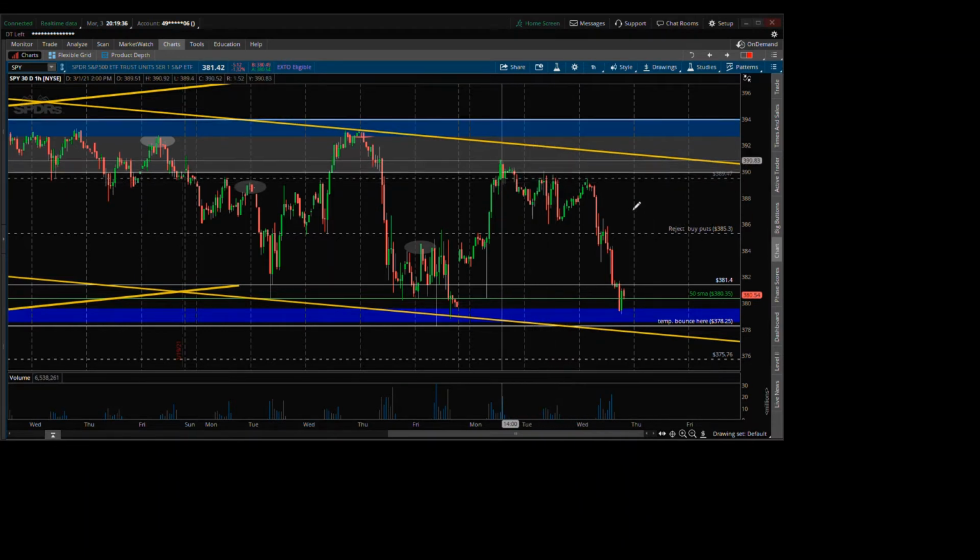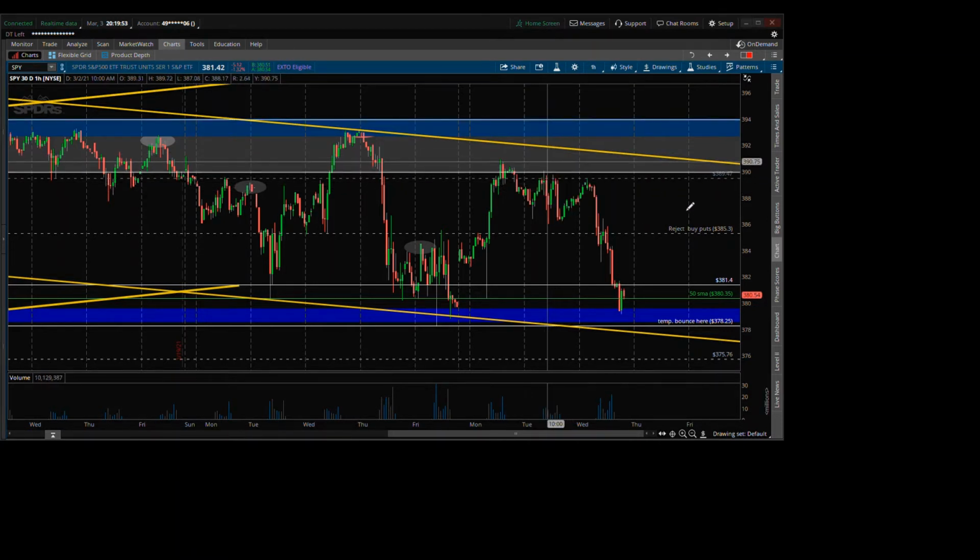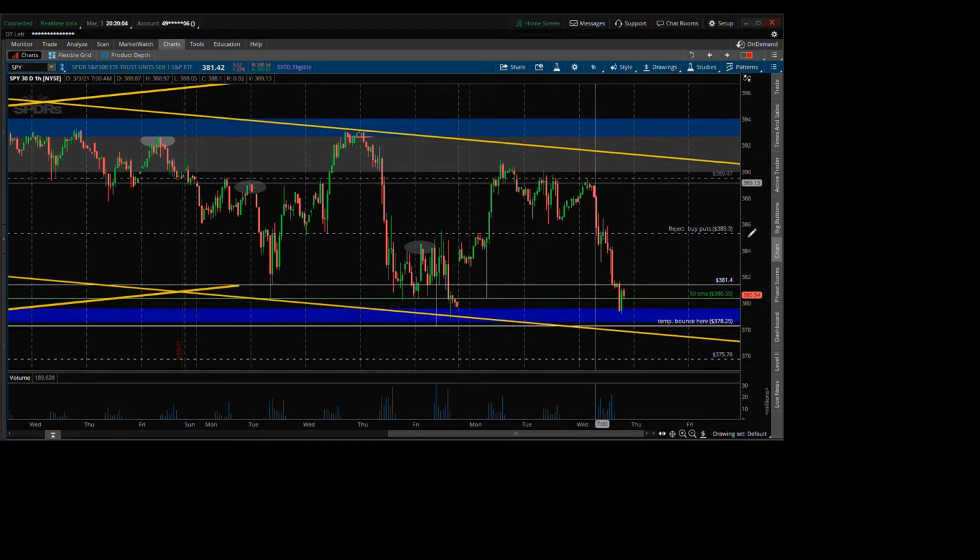So as long as it rejects your level, you can buy shorts, you can buy puts, because it's rejecting the resistance that you needed to break. If this breaks, the goal is to pass this high for a move higher. If it fails to take out this high, then you expect this type of move afterwards.